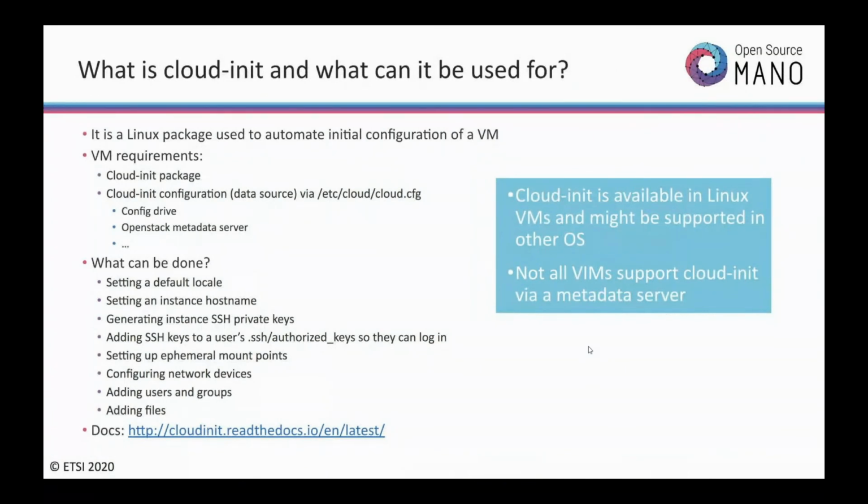In this case, we are using the OpenStack metadata server service, which is available in the VM. So whenever you instantiate a VM and it's a cloud image, it looks for more metadata that you as an operator want to inject into the VMs.